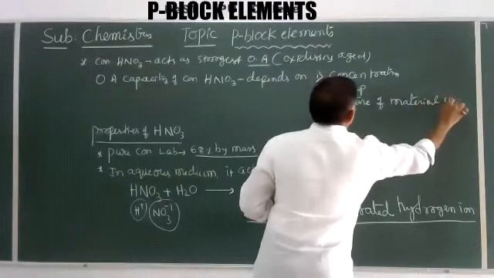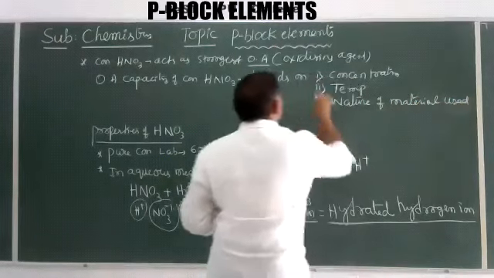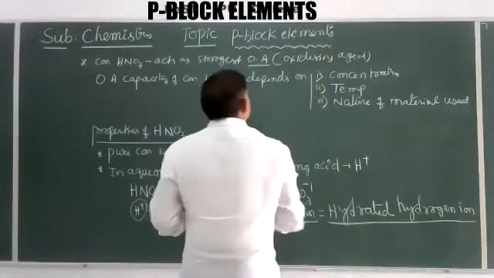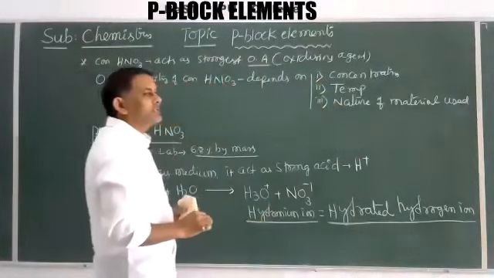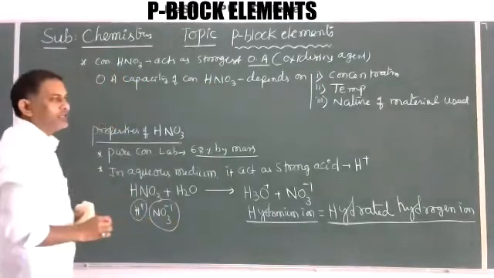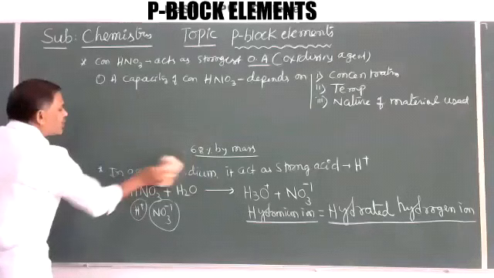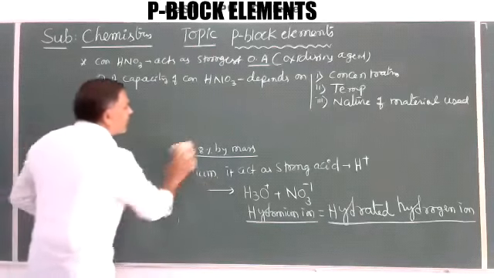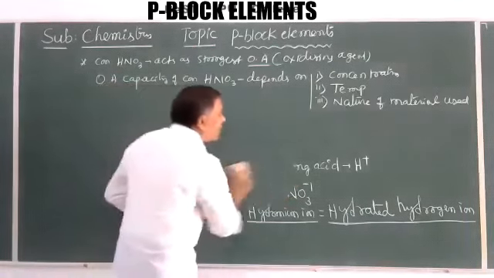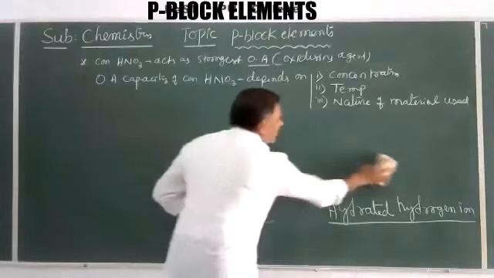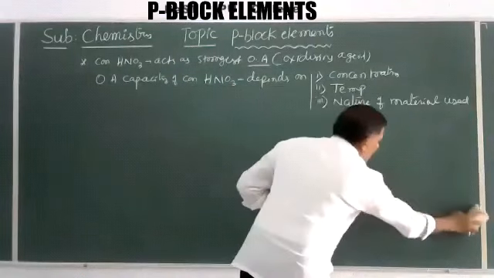Used in this process. These are the three important points; it depends on the oxidizing capacity of concentrated HNO3. Here concentrated HNO3 cannot react easily with noble metals like silver and gold.